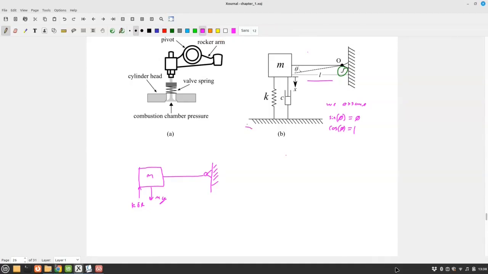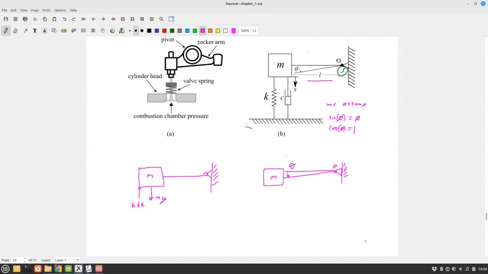And now I want my displaced state. So I'm going to have a mass, and it's going to be a little bit confusing, but it's going to be slightly displaced down by some amount theta.